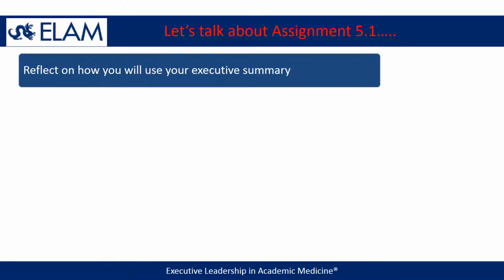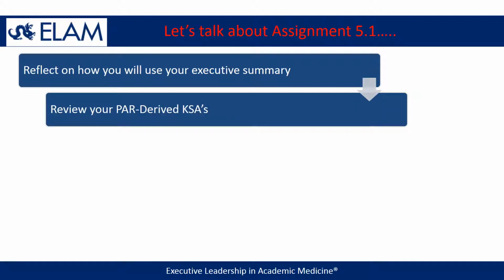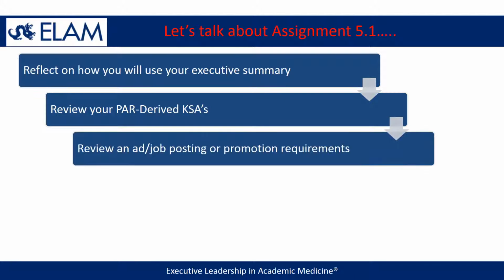With this definition, before we get into the details of preparing an executive summary, I will describe assignment 5.1 for you. We ask you to do a short reflection to put the executive summary into context of how you plan to use it. Think about your PAR-derived KSAs, your knowledge, skills, and attributes. Which of these are ones you really want to focus on using in the future?